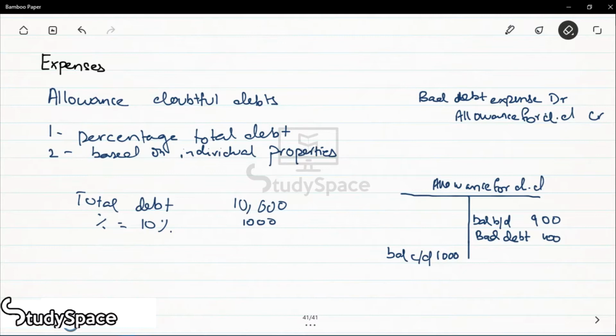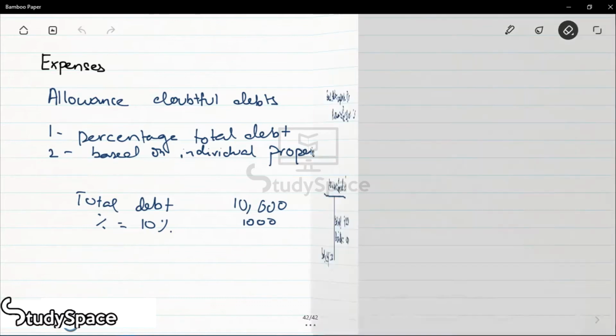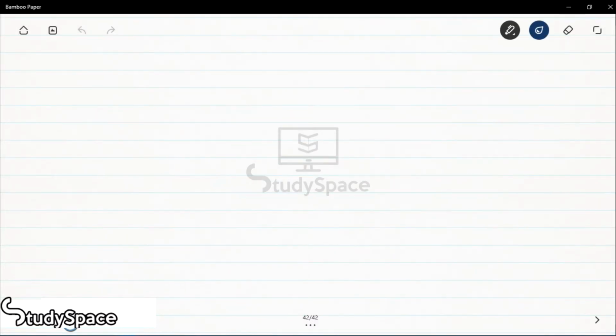Now moving forward, we will look at the second, which is based on individual properties. Sometimes some debts are older than other debts. So for example, say you have a debt that you incurred 90 days ago, then you have a debt that you incurred 50 days ago, then 40, then 25, then 15, then 10, then 5, then 2, then 1.